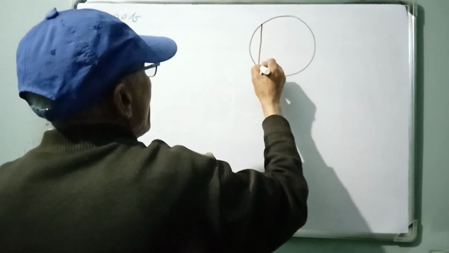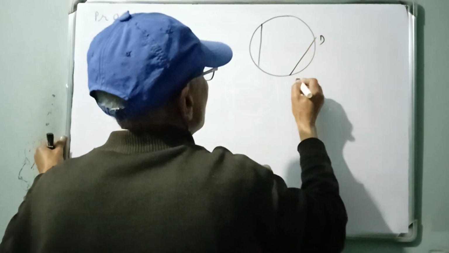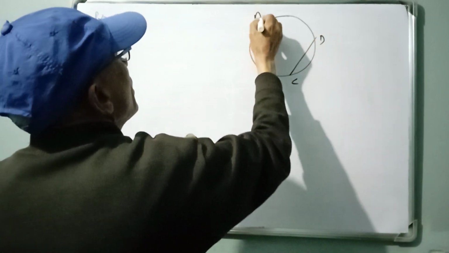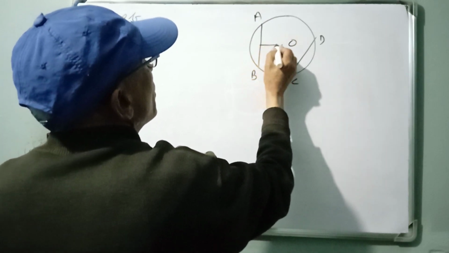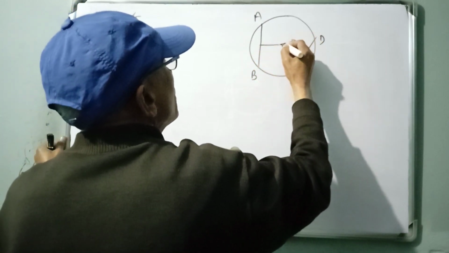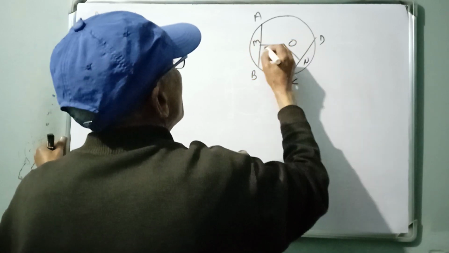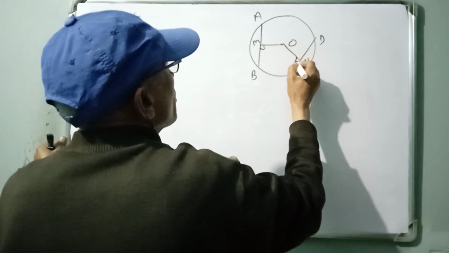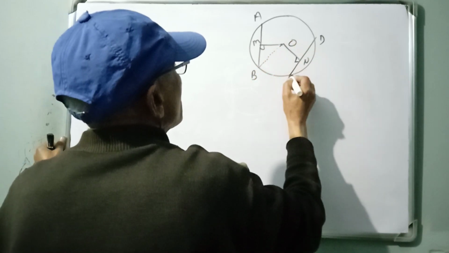Circle, AB chord, CD another chord, O is the center. OM perpendicular, ON perpendicular. Construction.